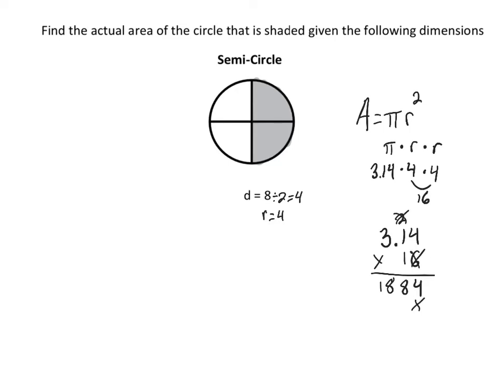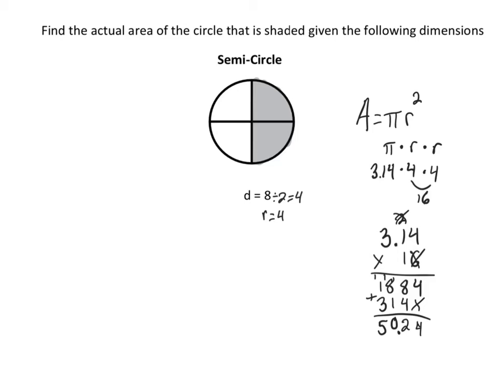I can add an extra place value. 1 times 4 is 4. 1 times 1 is 1. 1 times 3 is 3. We need to add it all up. We get 4. 8 plus 4 is 12. Carry the 1. 8 plus 1 is 10. Carry the 1. 3 plus 1 is 5. Now I have 2 decimal places, so I need to move it over 2 decimal places. So now we're left with 50.24.